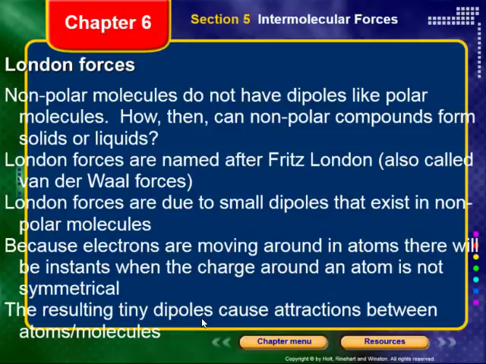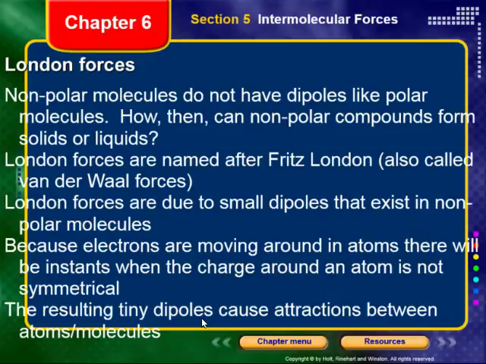These London forces are due to small dipoles that exist even in these nonpolar molecules. Even though they are truly nonpolar, there are small, what we call dipole moments. Because electrons are moving around in atoms, think of those electrons moving around the nucleus, there will be instants, and I emphasize instants, where the charge around the atom is not symmetrical.